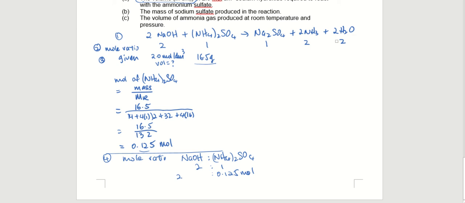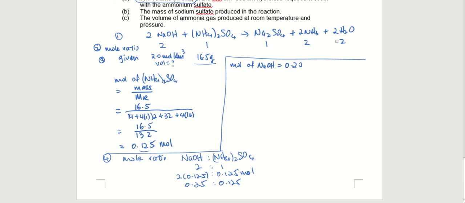It will be 2 times 0.125 mole, because the mole ratio is 2:1, and that will give you 0.25 mole of sodium hydroxide. Okay, so we now know that moles of sodium hydroxide reacted was 0.25 mole.